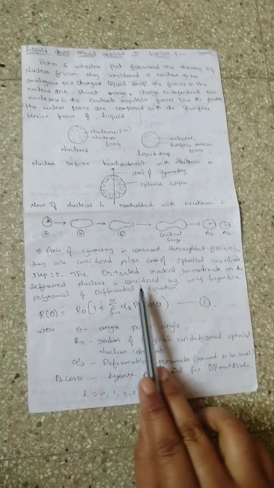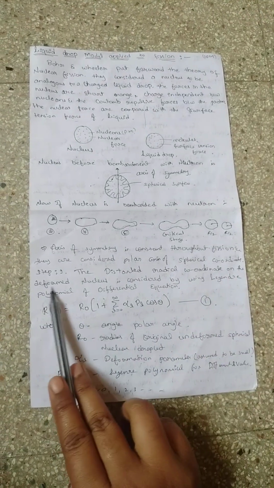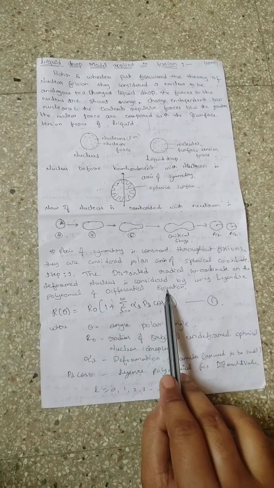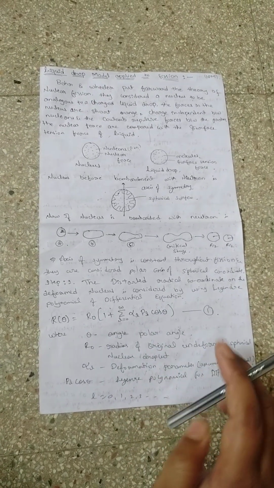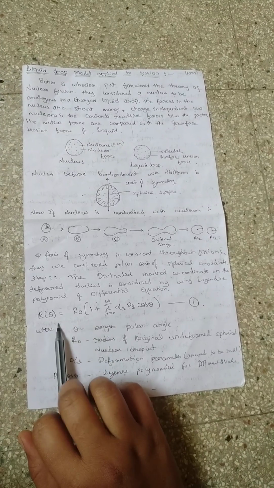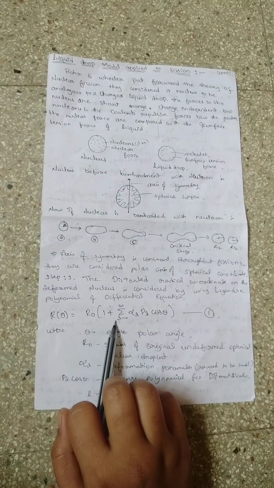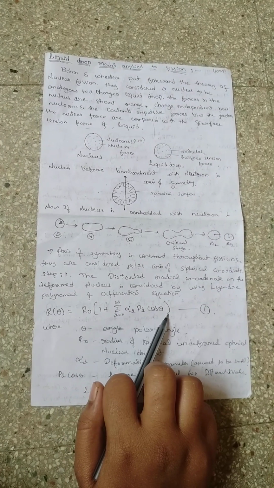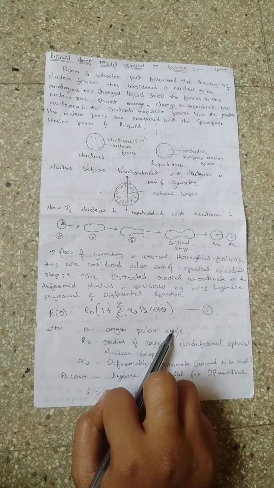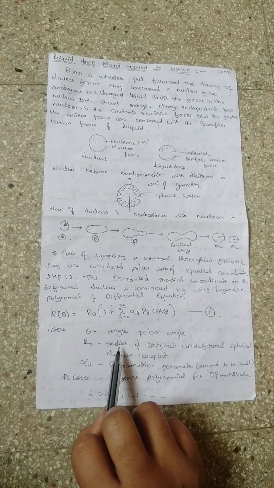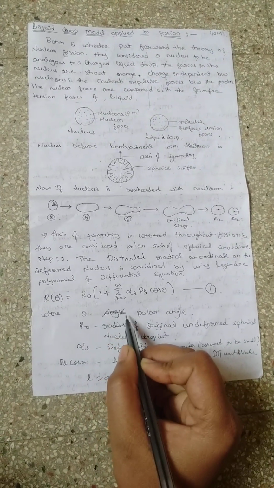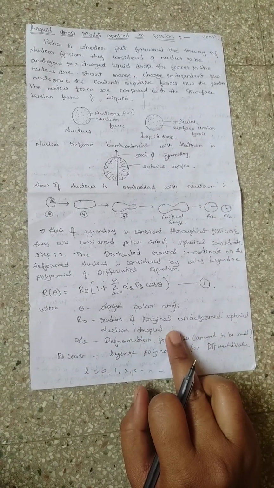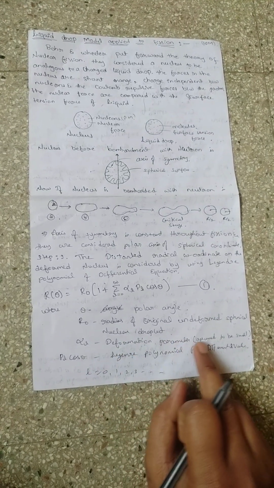Step 1: the distorted radial coordinate on the deformed nucleus is described using Legendre polynomials. r of theta is equal to r naught into 1 plus summation L equal to 0 to infinity alpha L P L cos theta, where theta is the polar angle, r naught is the radius of the original undeformed spherical nuclear droplet, and alpha L is the deformation parameter.